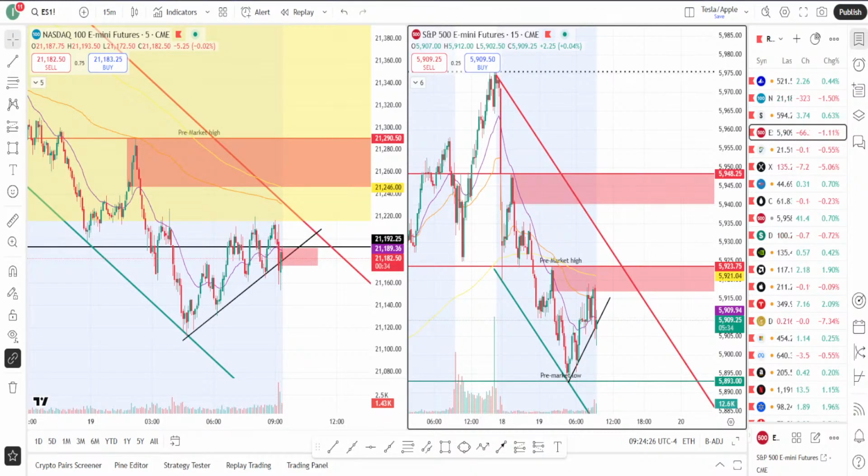All right, so what do you guys think? Will we be going up or down at open?